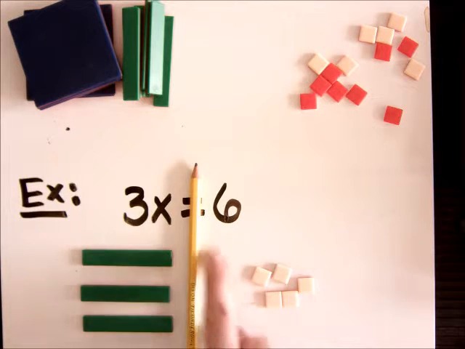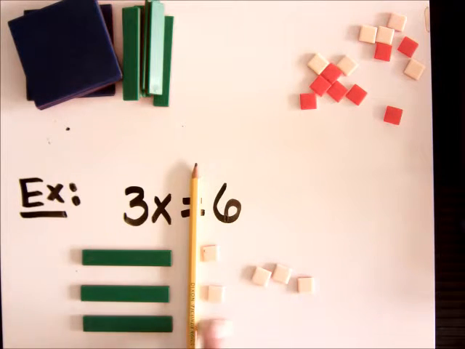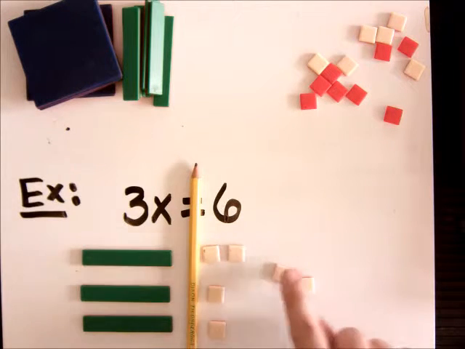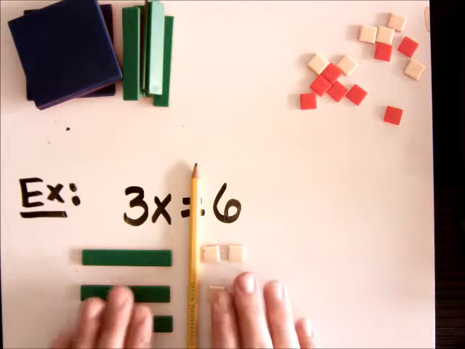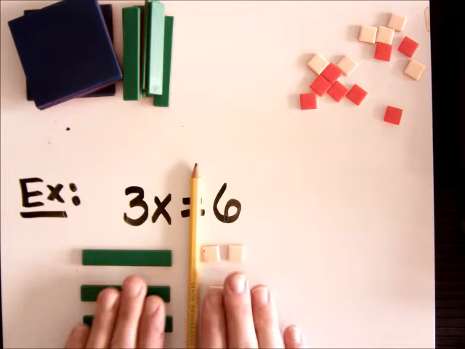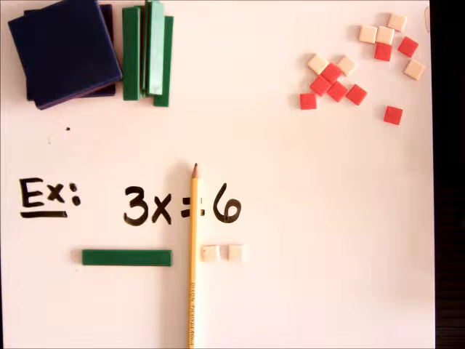I go 1, 2, 3. Do you see how I'm lining them up with these 3? Until I have none left. 1, 2, 3. So basically, these are all the same, right? Each group is the same. So I'm going to take that away with 1x left, and 1x equals 2.